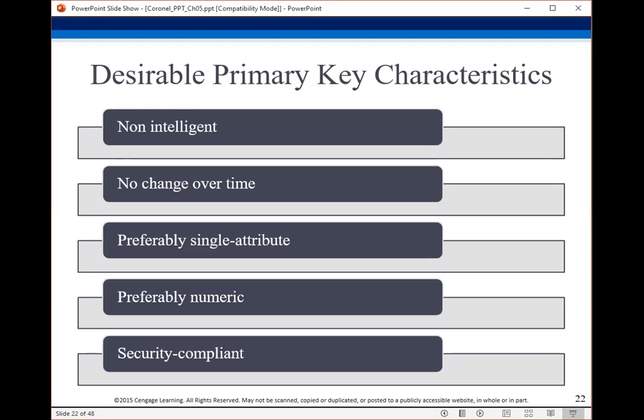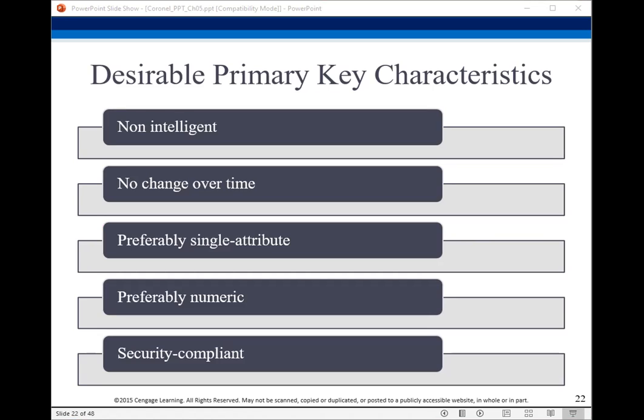So here's some of the desirable characteristics of creating a primary key. The primary key obviously should uniquely identify each entity instance. A primary key must be able to guarantee unique values. It cannot contain nulls. It must also be non-intelligent.